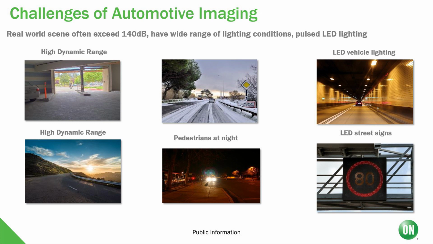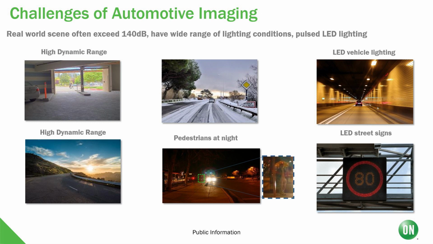Other scenes that will create high dynamic range, of course, sun, sunrise, sunset, and snowy conditions when there's a lot of glare and reflection. These image sensors for automotive also need excellent low-light performance.